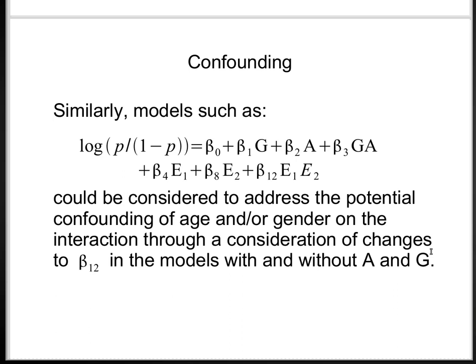This is a confounding issue now, depending on the possible values of beta 1, beta 2, and beta 3. The extent to which those three things are varied, we can then explore the impact on the value of beta 12. And if beta 12 doesn't change materially by varying the presence or absence of beta 1, beta 2, or beta 3, we get an indication of whether or not the interaction is confounded by age or gender. Okay?